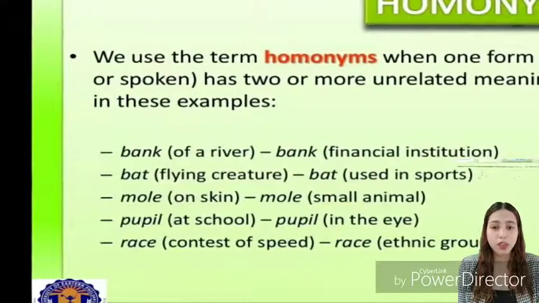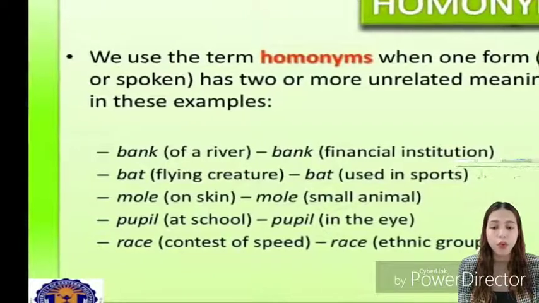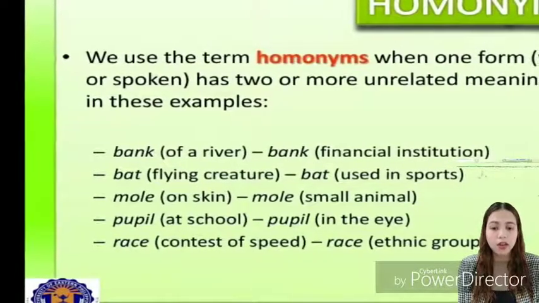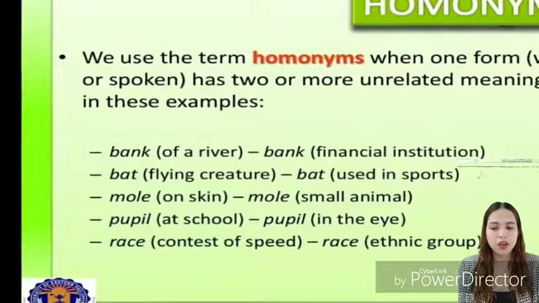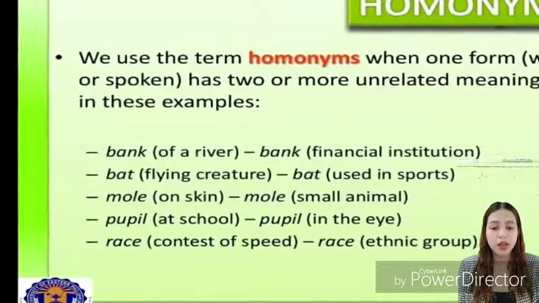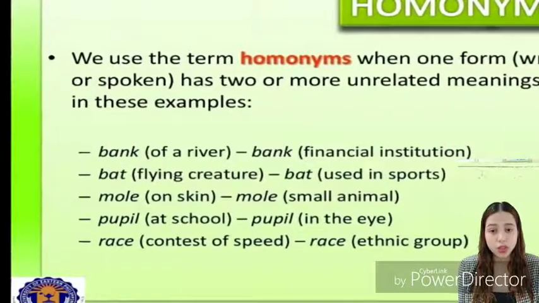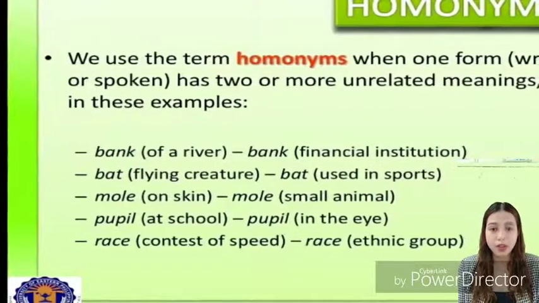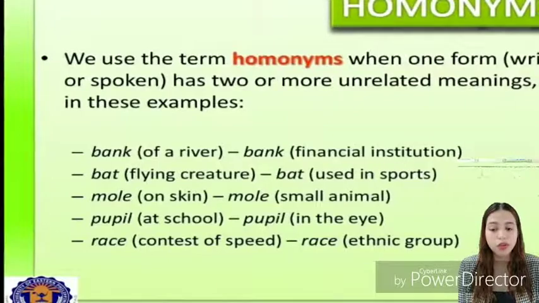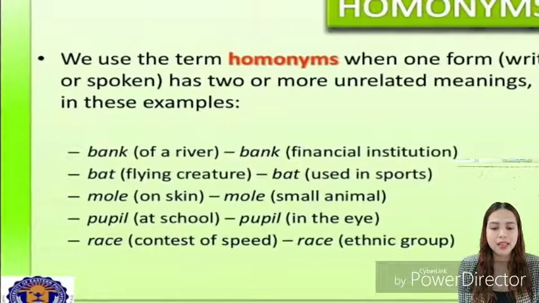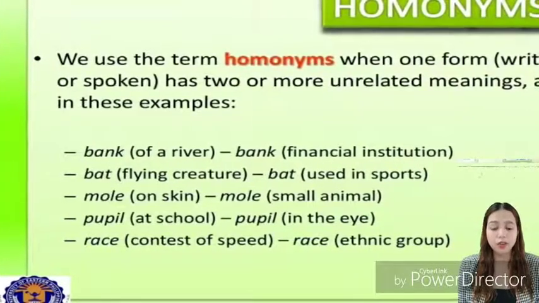We can consider that there are two words of the same sound corresponding to the two meanings given earlier because they derive from different roots. The word bank, meaning financial institution, is an early borrowing from French, while bank, meaning the shore of a river, has a Scandinavian origin.